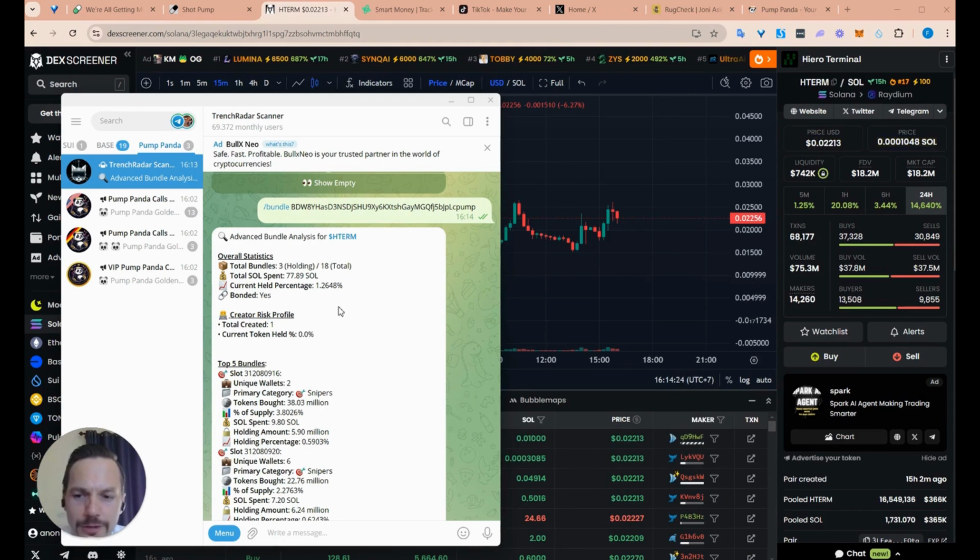What are bundles? Bundles are basically a package of several investors, several wallets that are somehow connected. So maybe one wallet sent funds to another wallet, and the two wallets are investing in the coin, but they are connected. And that's being analyzed there, whether there are any connections between these wallets.